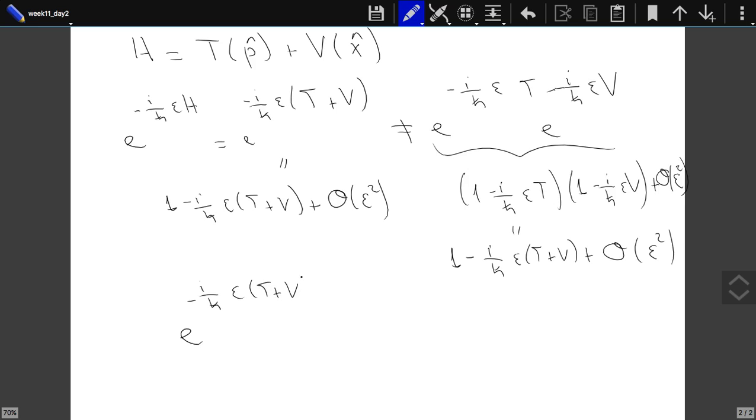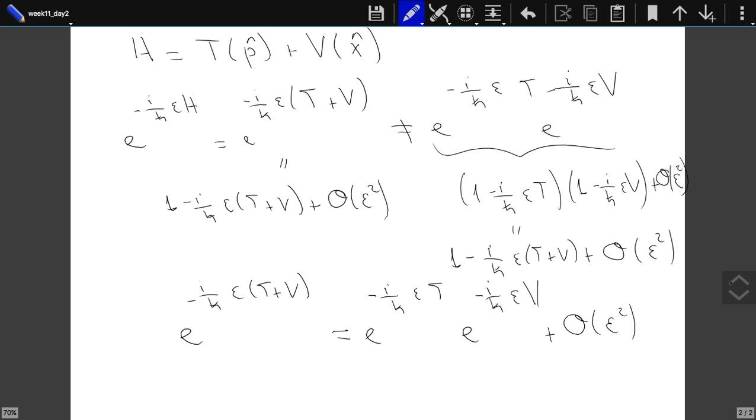This is equal to e to the power minus i over h bar epsilon T, e to the power minus i over h bar epsilon V, plus terms of the order of epsilon squared. Eventually, in the limit as epsilon goes to 0, those corrections will just disappear.